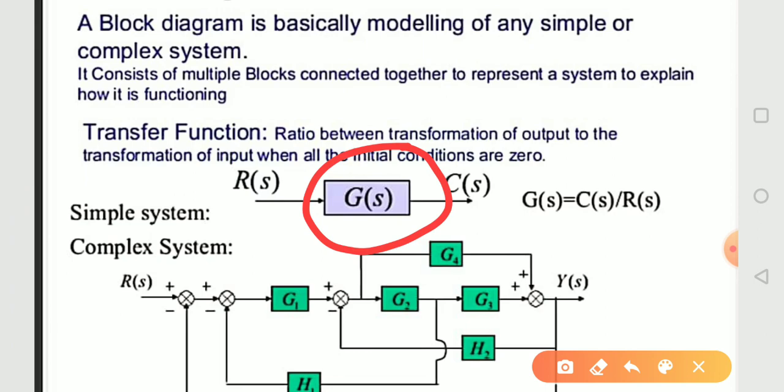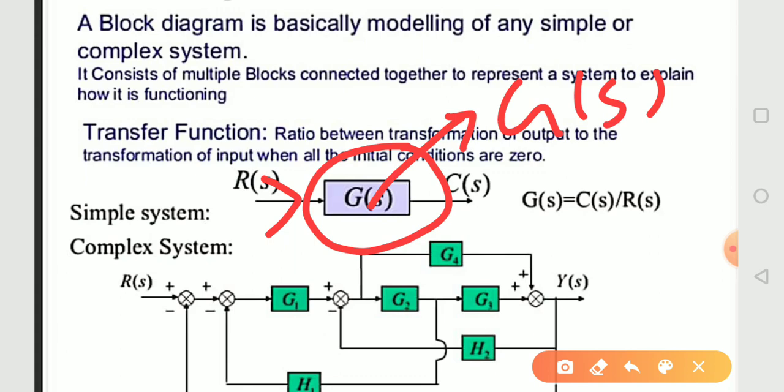In this control system, whatever signal you are passing, that signal will be passed through this block. The block has some gain G(s). So here the transfer function is indicated by G(s).